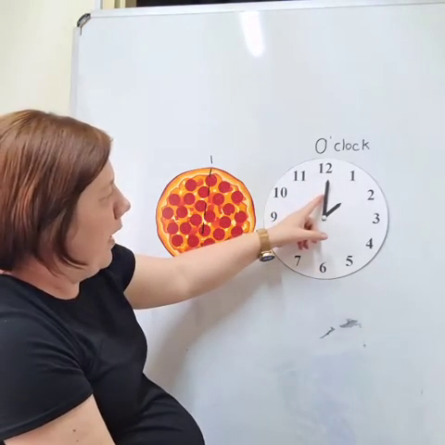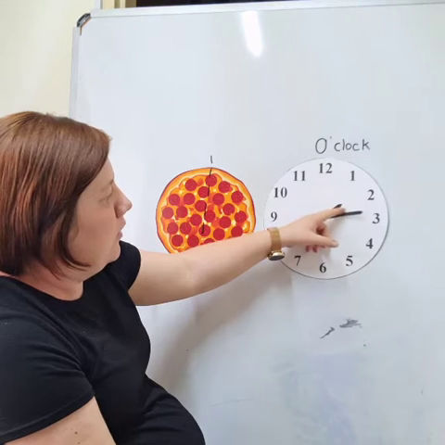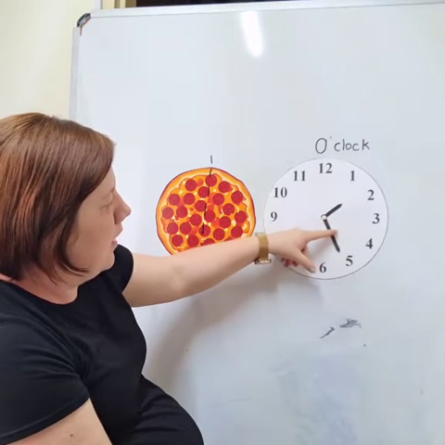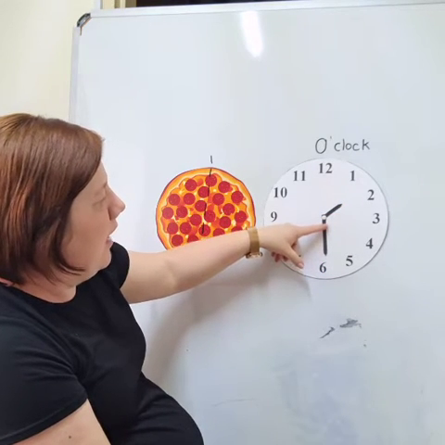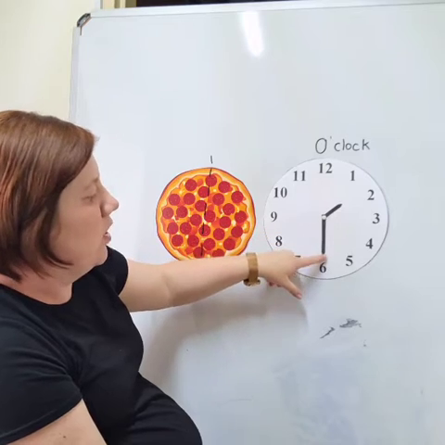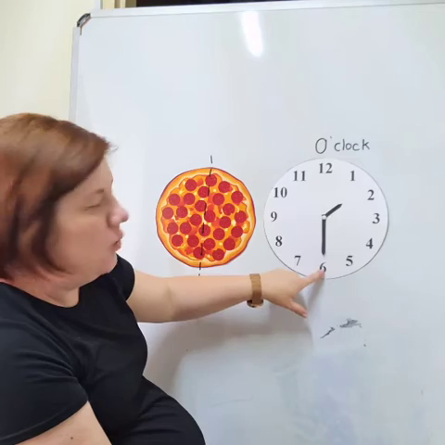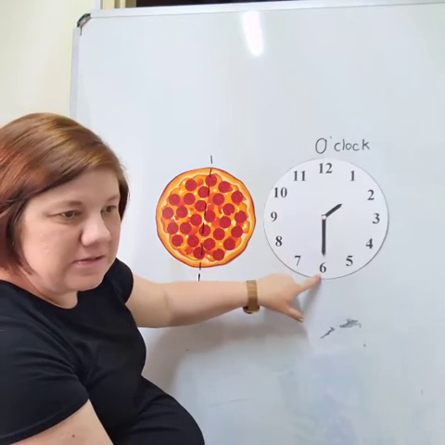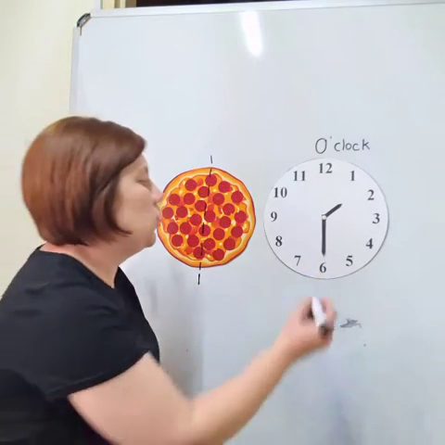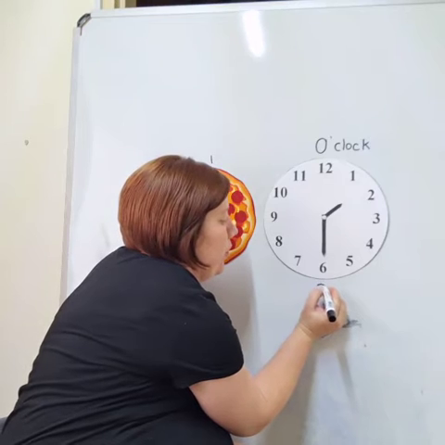When this arm passes the 12 and it goes down, down, down to the 6, now the minute arm is on the 6. Can you guys remember what do we call it when the minute arm is on the 6? Yes, we call that 30.